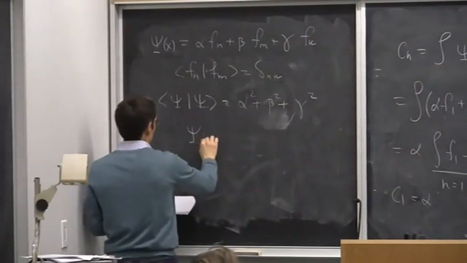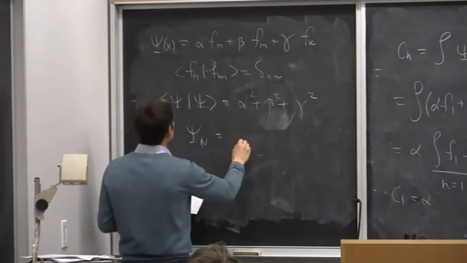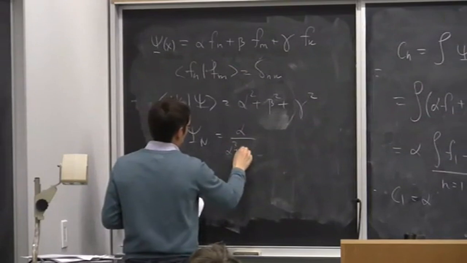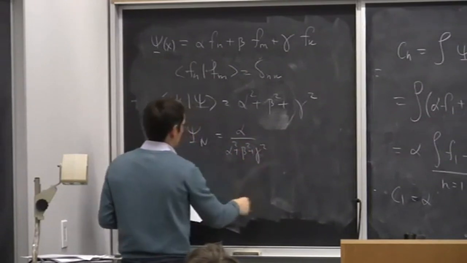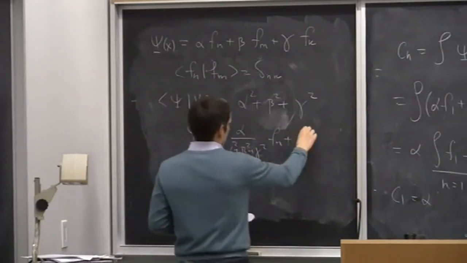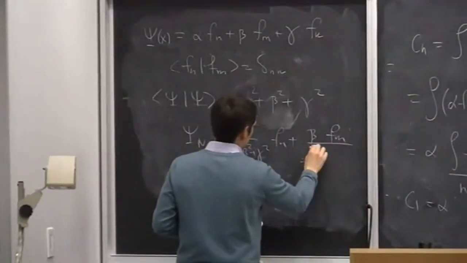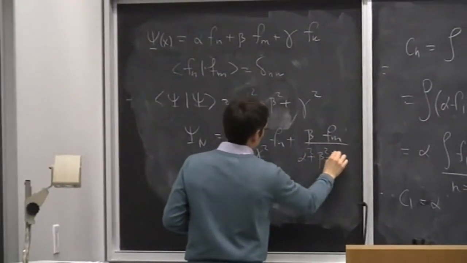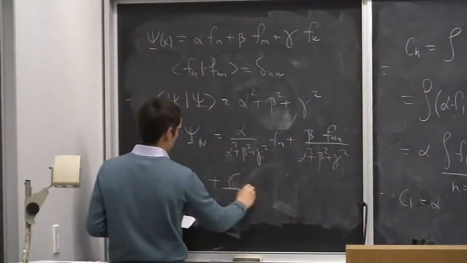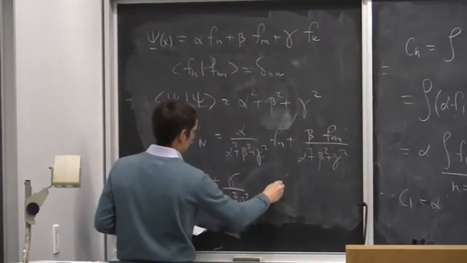So to normalize the function, you would simply divide alpha by the square root of the sum of squares, Fn plus beta, again divided by the square root of the sum of squares, Fm, and then gamma divided by, again, the square root of the sum of squares, Fk.